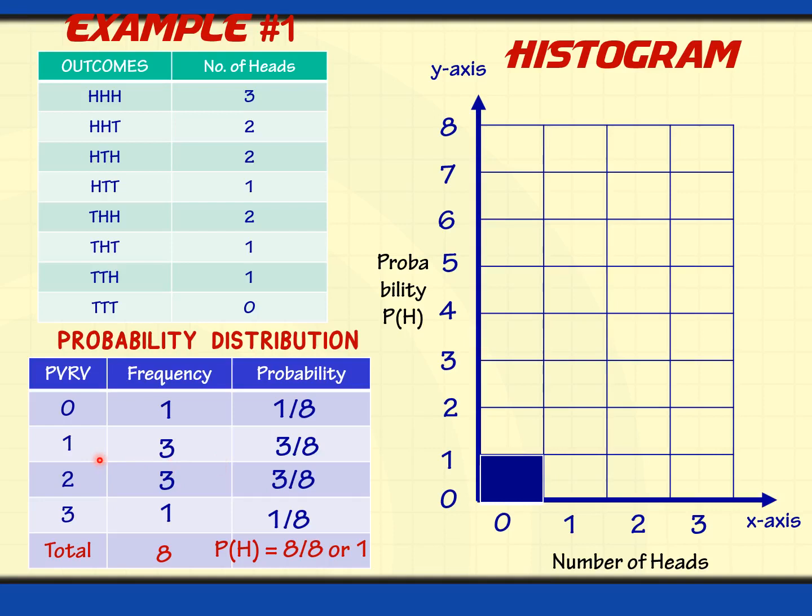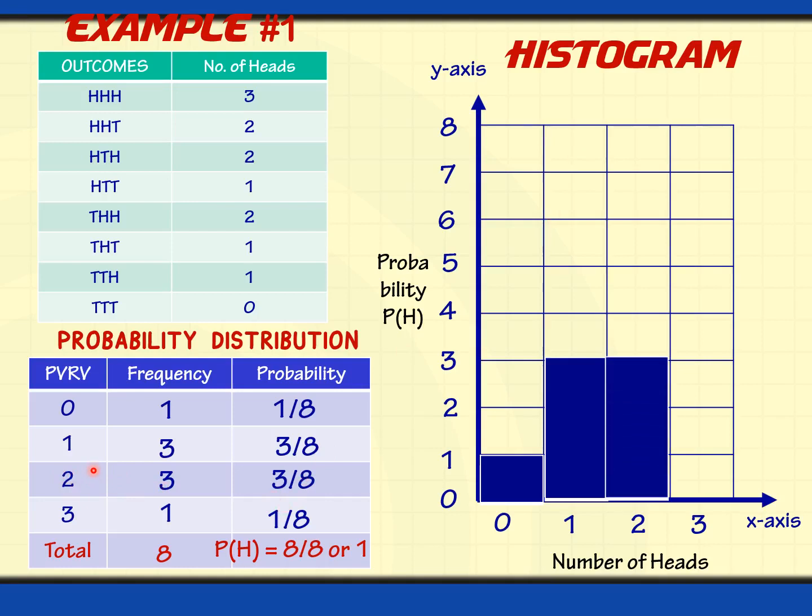And then for 1, the probability is 3 over 8. So you will just shade 3 squares out of 8. And again, for the probability of getting 2 heads, that will be 3 over 8 also. So you just shade again 3 squares out of 8. And for 3 heads, that is 1 over 8. So this will be your shade. And this is now your histogram. Is that clear?